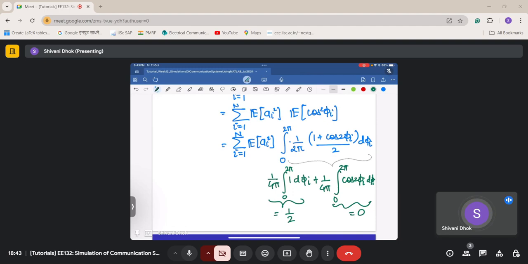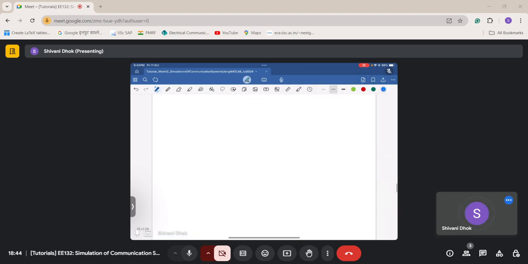Okay, so therefore variance of HR comes out to be equal to half of summation i equal to 1 to n expectation of ai square. Now in a similar way, we can figure out what is your expectation of HI. So that is equal to summation i equal to 1 to n expectation of ai sin phi i.